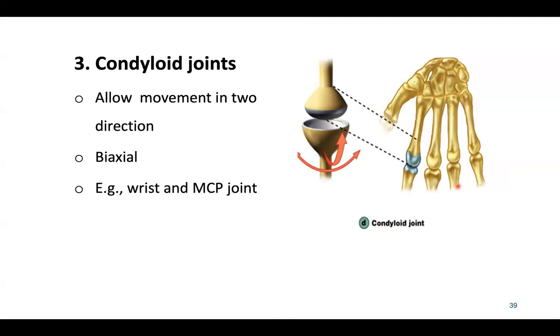Our wrist joint is one example of a condyloid joint. The metacarpophalangeal joints, or the knuckles, are also an example. They allow flexion and extension, abduction and adduction movements.